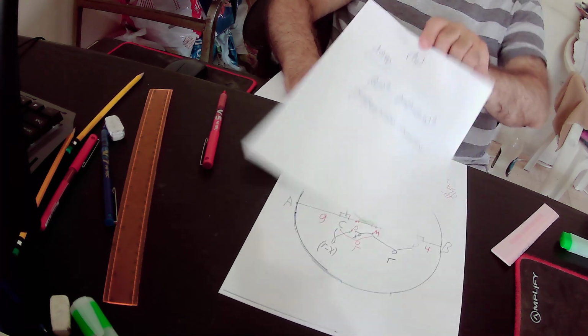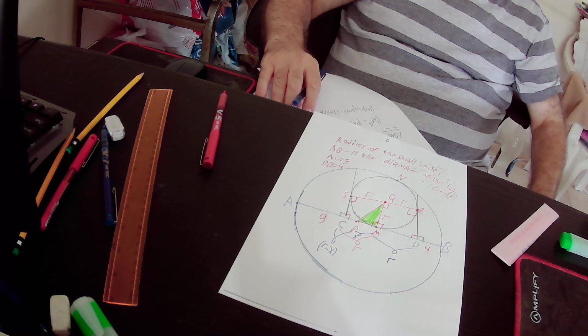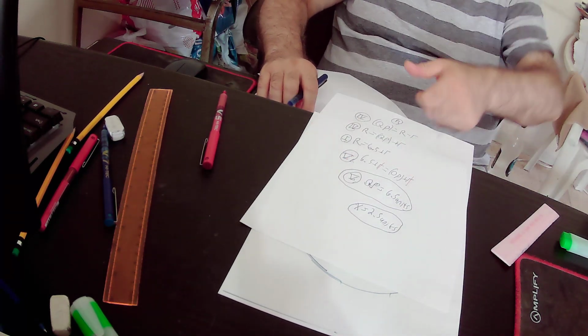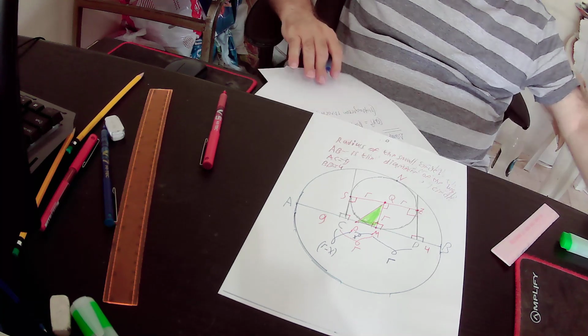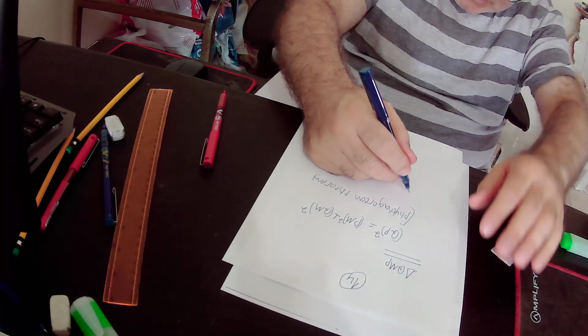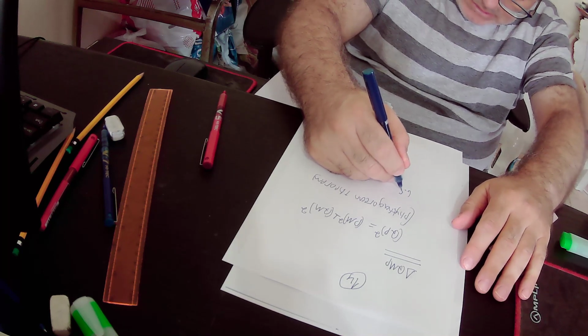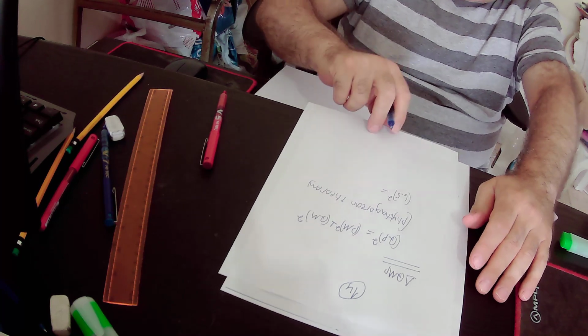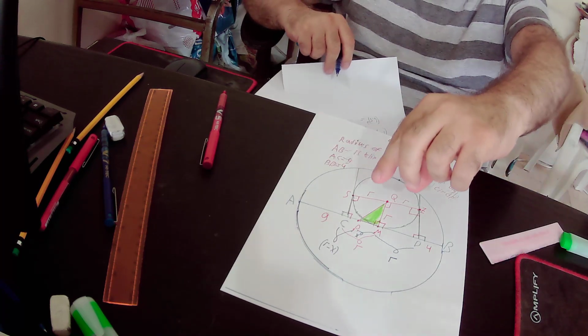But what is the value of QP? We have already found out that QP equals 6.5 units, and QP square is 6.5 square, equals PM square. What is PM?